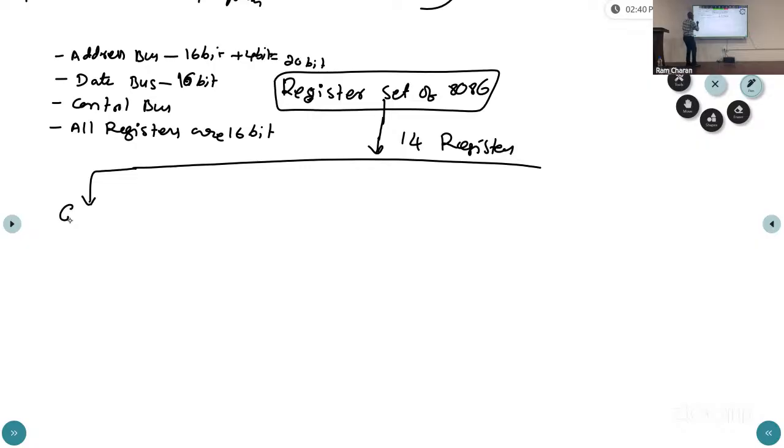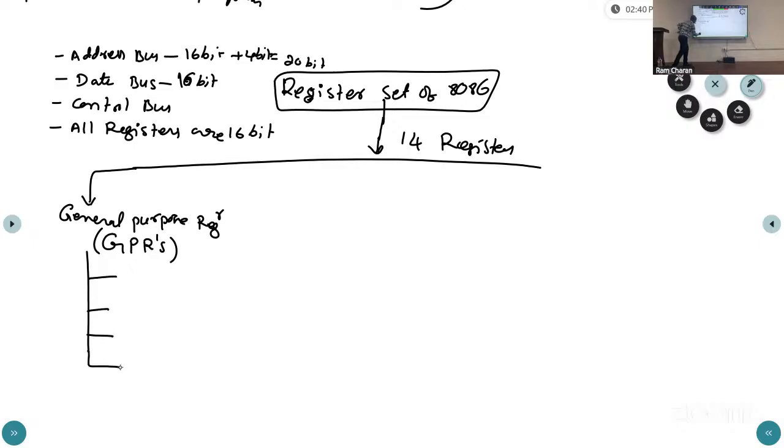And the first one is general purpose registers. This can be abbreviated as GPR, general purpose registers.